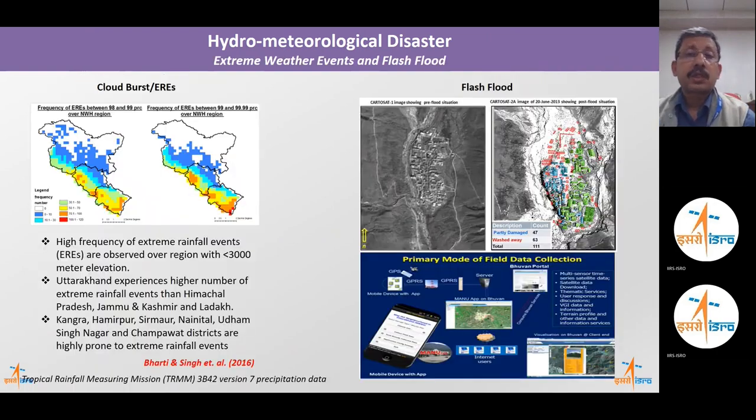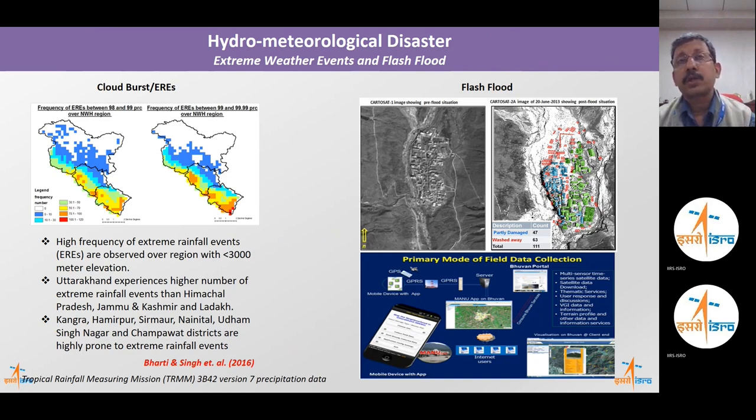Then we also have other types of hydrometeorological disasters like extreme weather events and flash floods. In 2013, we had a major flash flood event in Kedarnath, which resulted in the deaths of a few thousand people. So these are basically high-frequency extreme rainfall events, generally at an elevation of over 3,000 meters.